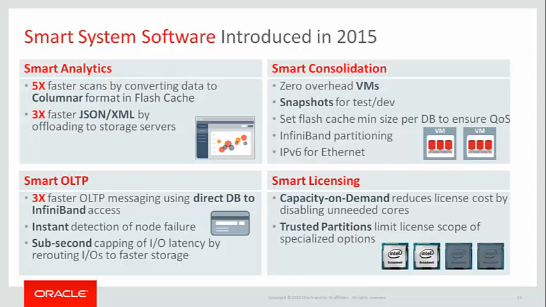On the OLTP side, we have introduced a direct database to InfiniBand access protocol, which basically avoids interfacing with the OS layer as well as the drivers, and the latency is reduced, and it provides 3 times faster performance.